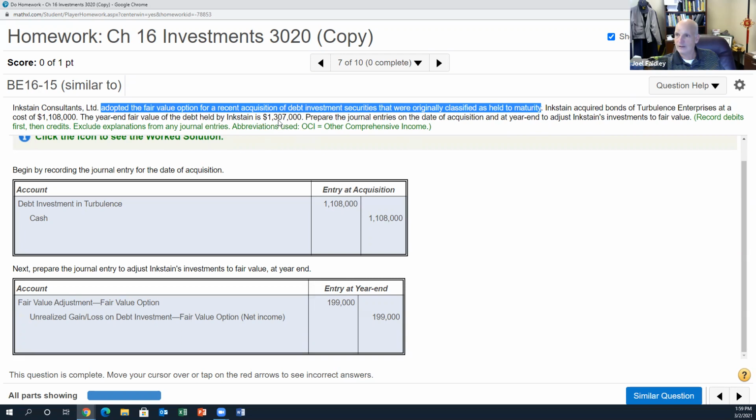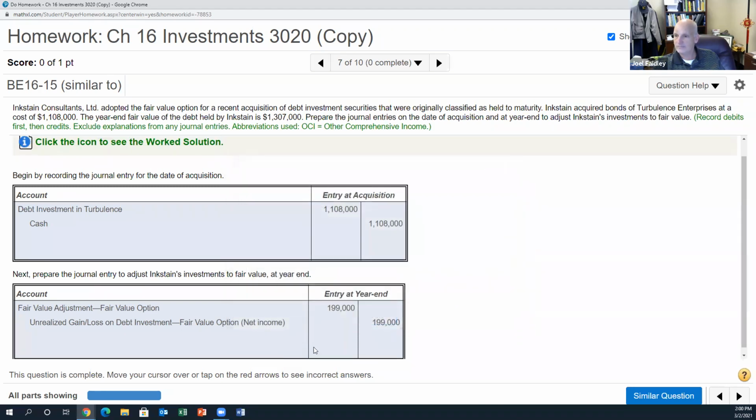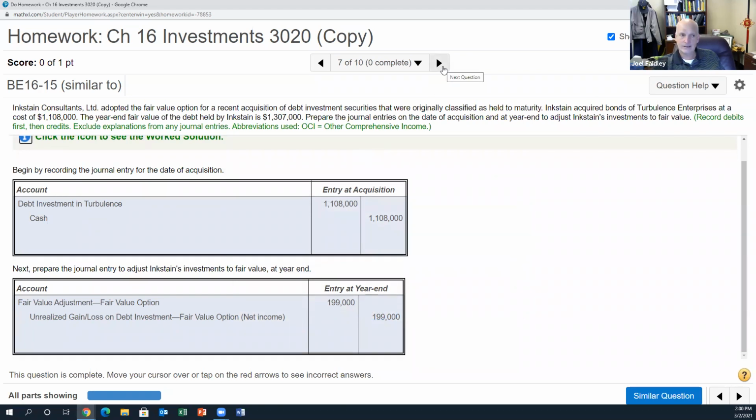Because it's gone up in value. So we want to take the difference, the cost of the bonds and now the fair value, and write that up as an unrealized holding gain or loss. Now they don't put holding in there anymore, but that's what it used to be called. Very straightforward, but that's held to maturity with the fair value option elected.